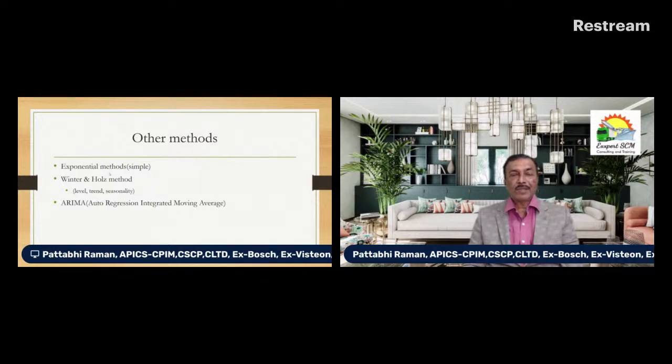Alpha is one of the smoothing constants used in the exponential smoothing method. I hope all these are basic methods. Most of you might be using these methods in your forecasting. What will be the value of alpha, which is used as a smoothing constant?